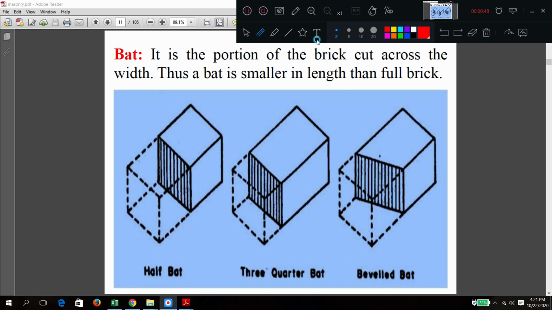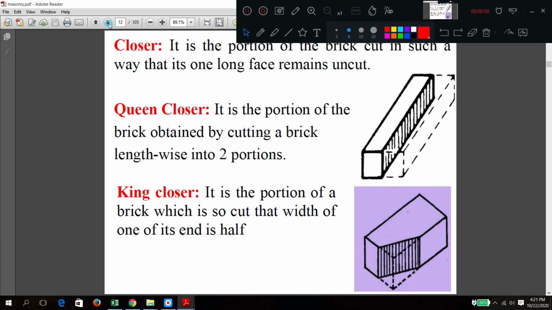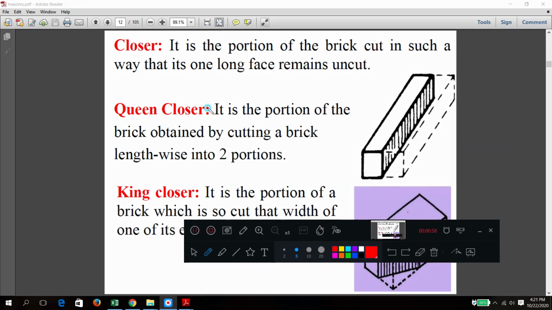Moving to the next portion, closers. If that is cut like this, what is the statement for that? It is the portion of the brick cut in such a way that one long face remains uncut. This side length is not at all touched, only this side is altered.